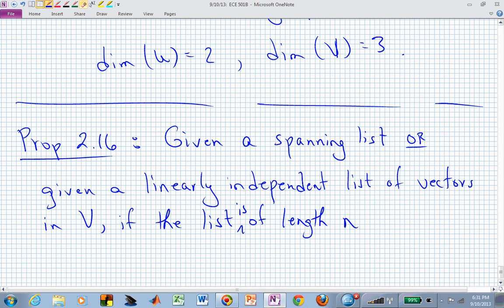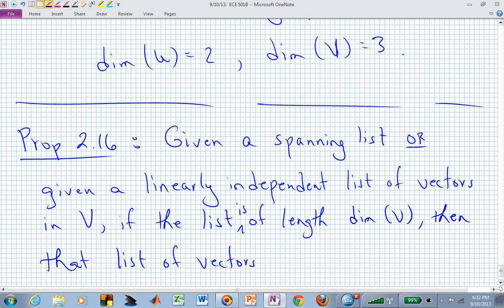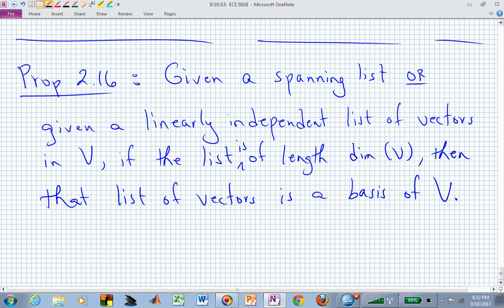or maybe I didn't define n, did I? So let's say if the list is of length equal to the dimension of V, then that list of vectors forms a basis of V. So you can now look at a spanning list or a list of linearly independent vectors.